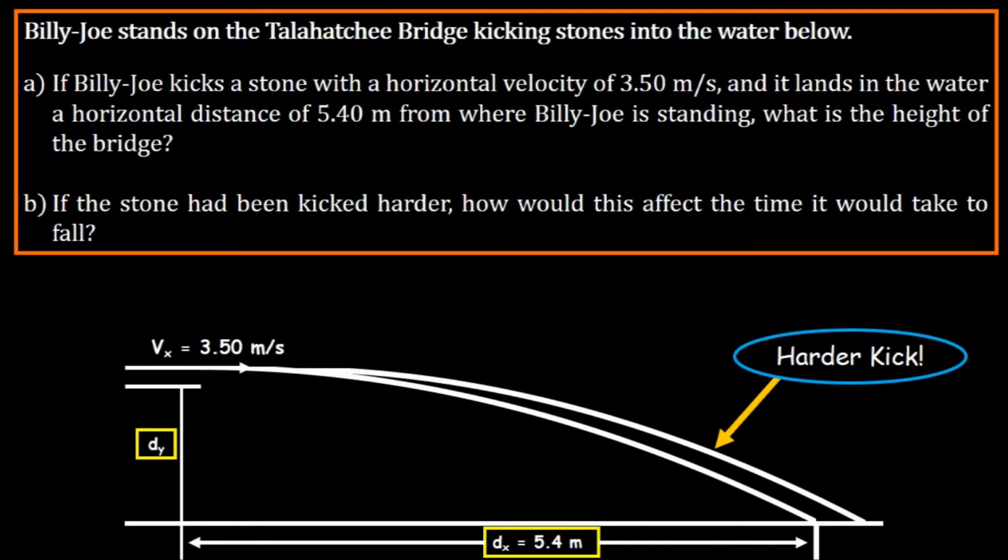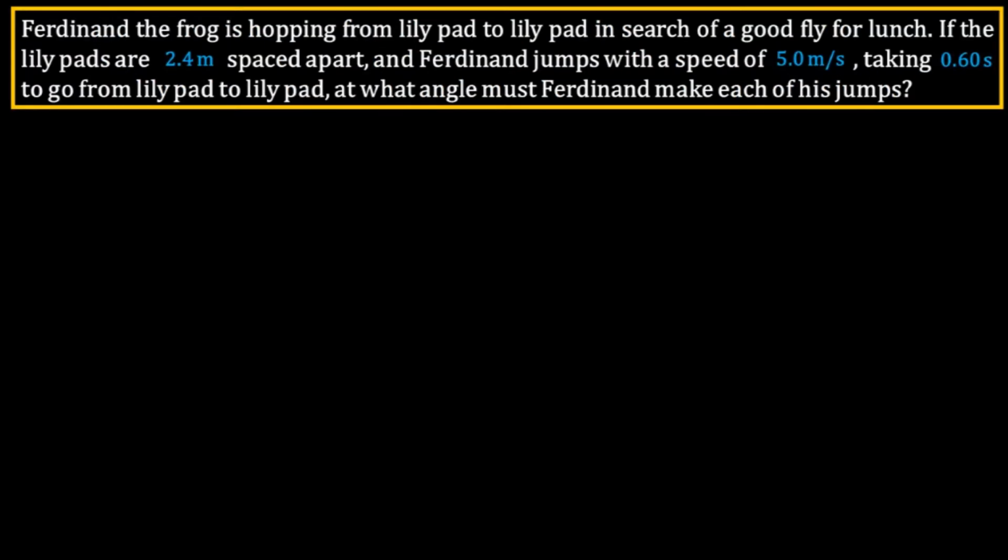Well, with a harder kick the time will remain the same, but the distance will greatly increase, proportionally to how hard he additionally kicks the rock. The Ty will be the same, but dx will be larger. I have a very lengthy answer for the next problem.